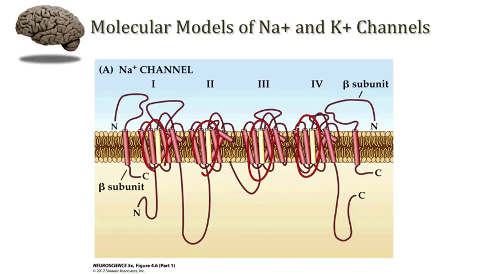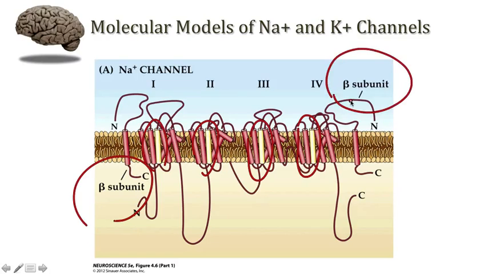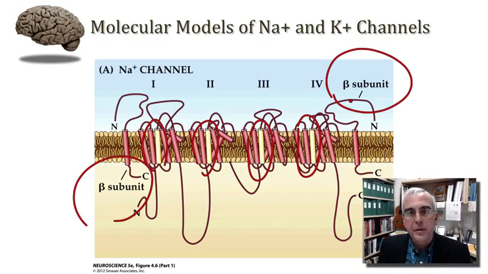Now, there are also additional components to this channel. There's something called a beta subunit that aggregates with the main integral membrane protein that forms this channel. So this is the sodium channel. We think there are probably at least 10 sodium channel genes that express the proteins that are essential for building these channels.